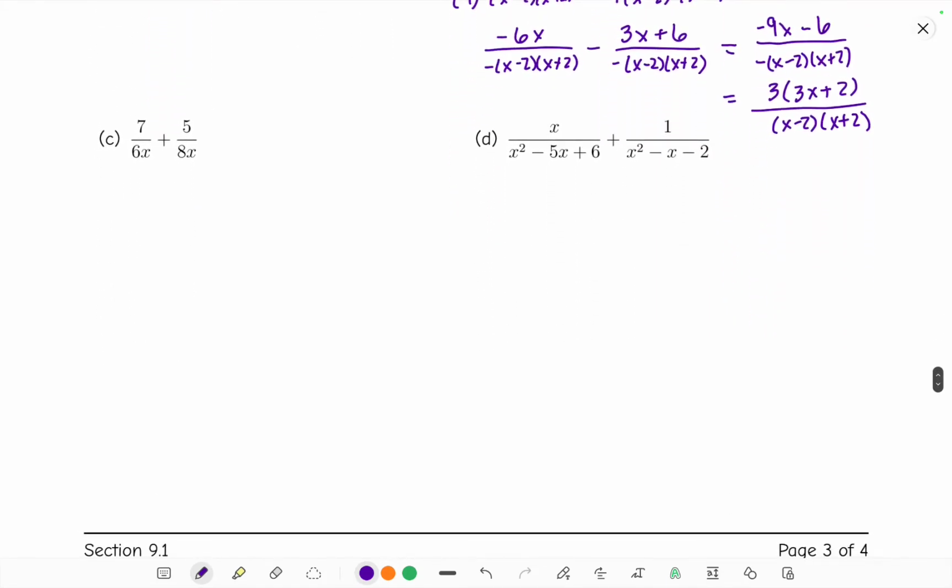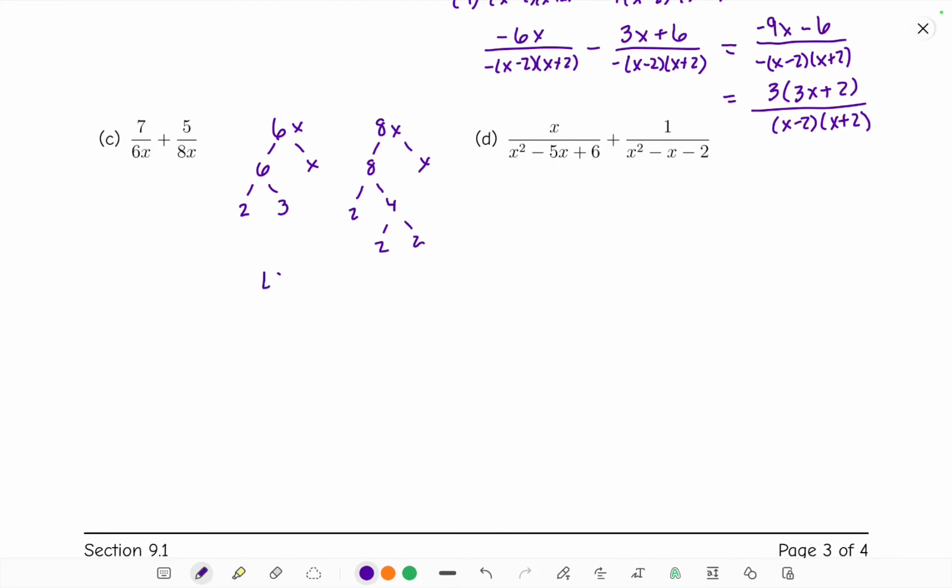C, 7 over 6x plus 5 over 8x. Well, let me factor it. So 6x, well, is 6 and x, 2 and 3. 8x is 8 and x, which is 2, and 4, which is 2 and 2.